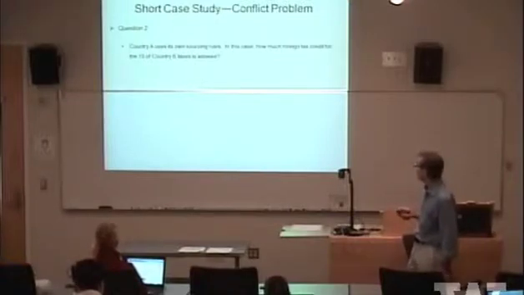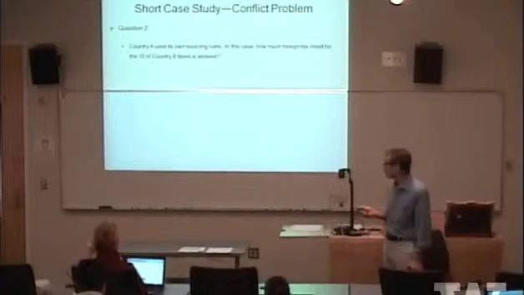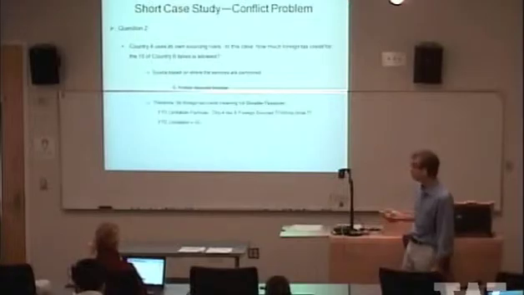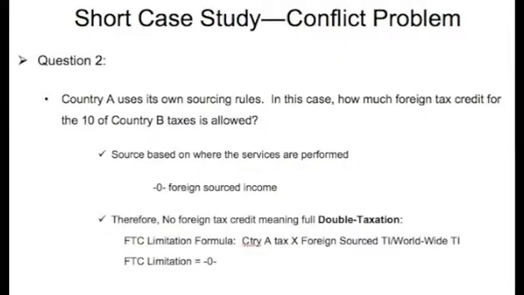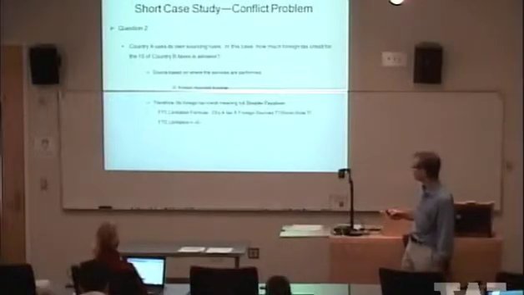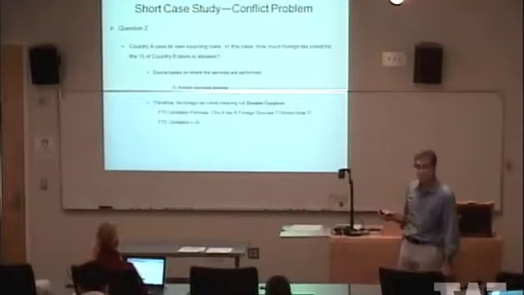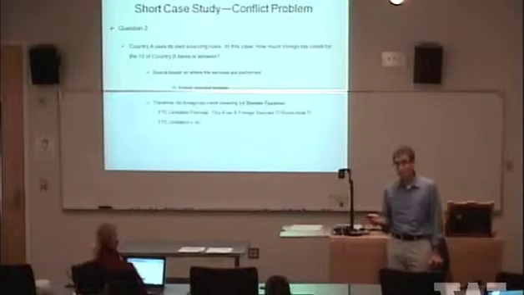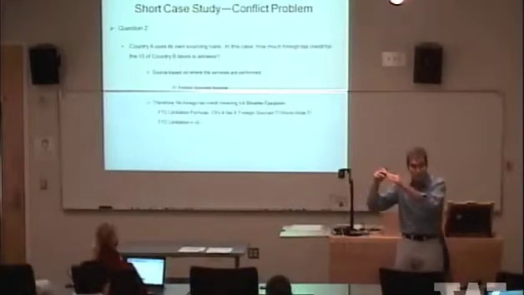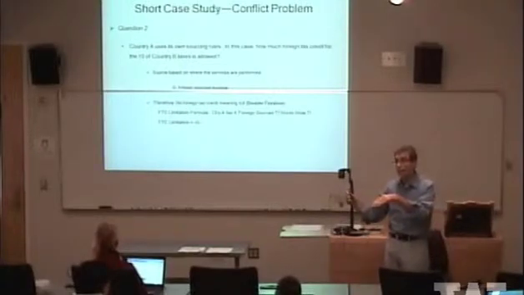So in this case, how much foreign tax credit will be allowed for the 10 of country B tax? Yeah, none. Absolutely, because we apply the formula, there's 0 foreign source taxable income. So our limitation is 0. Remember, general rule, foreign tax credit equals the lesser of the limitation amount or the actual tax paid.